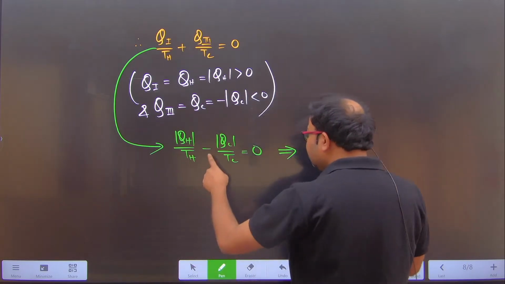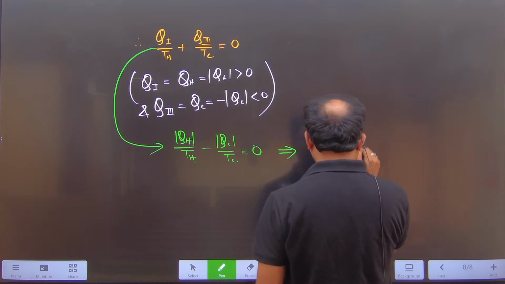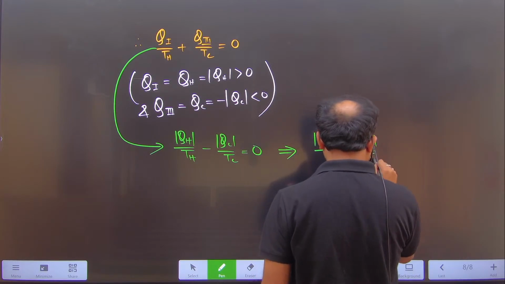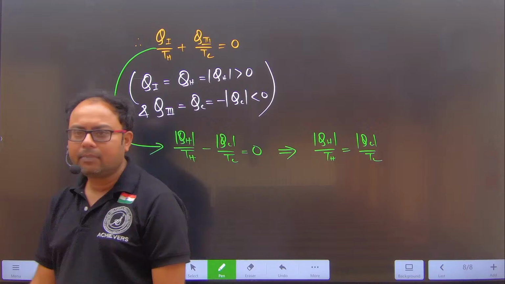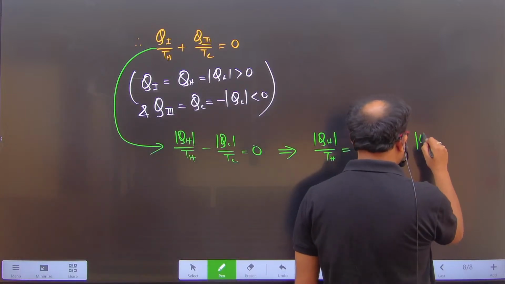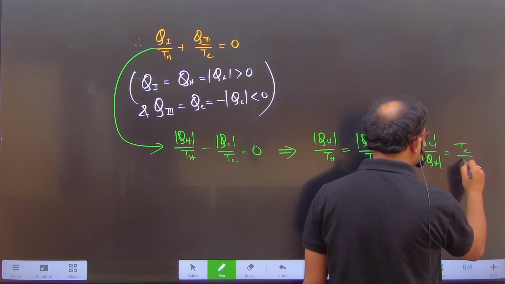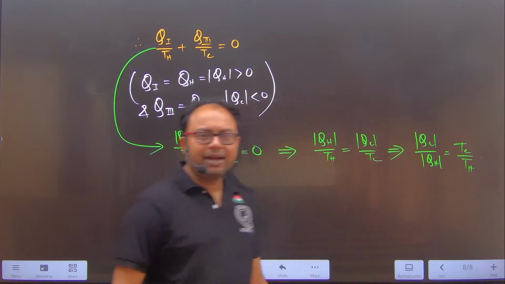You have got mod QH by TH to be equal to mod QC by TC, and mod QC by mod QH to be equal to TC by TH. By simple algebra we can write it.